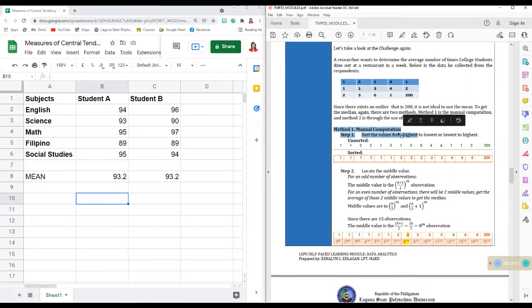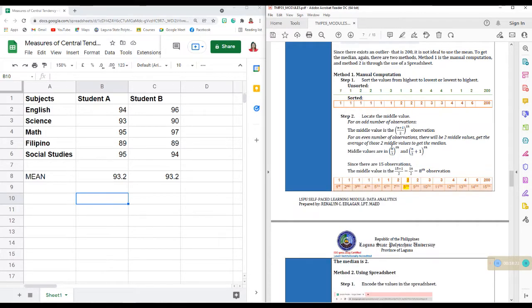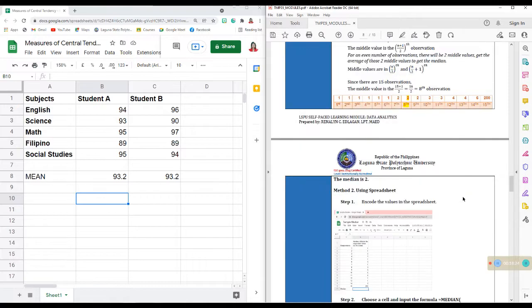But in this video discussion, I will only focus on how to find the median using Excel or Google Sheet. You can read this on your own, method 1, manual computation. Very detailed naman yung discussion ko dito.